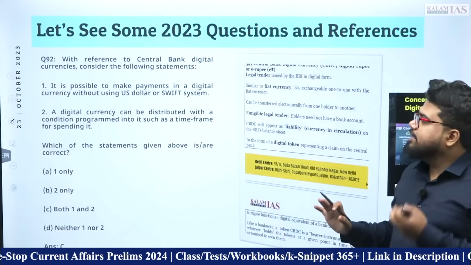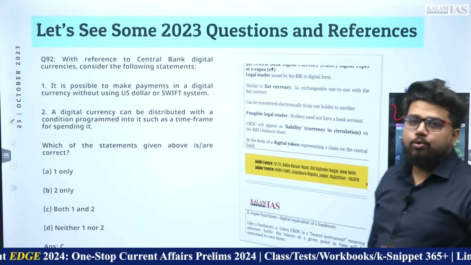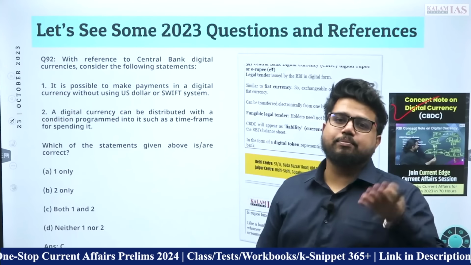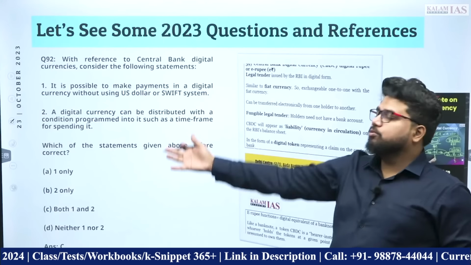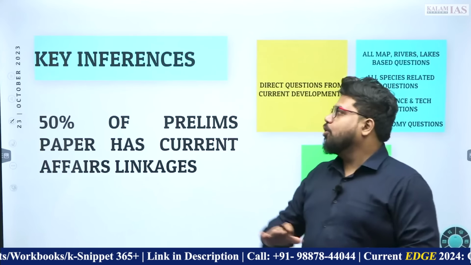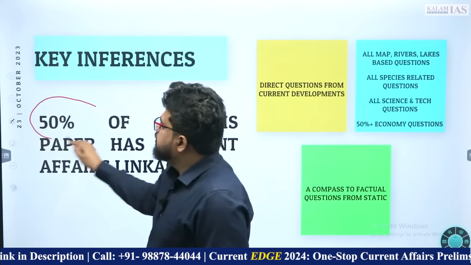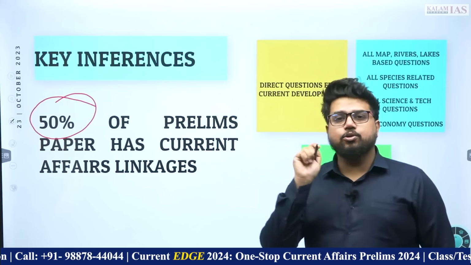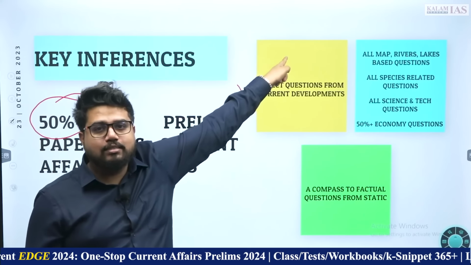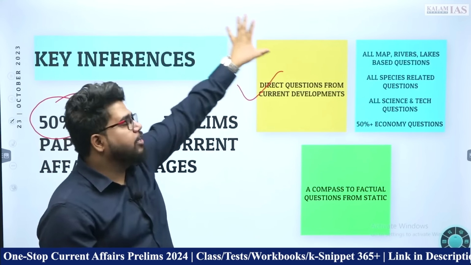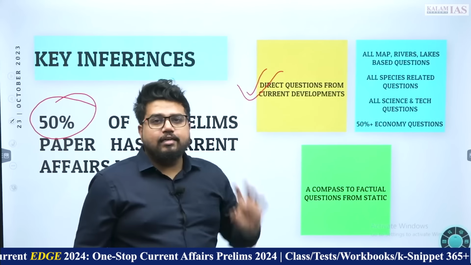So the whole idea I'm telling you is, again, in economy, the CBDC questions. We did a detailed summary of the concept note on CBDC provided by RBI. If you attended the class, it was quite a direct question. The whole crux of the discussion here is that around 50% of the questions are one way or another linked to current affairs. It may include direct questions from current developments, and never limit the whole idea of learning current affairs, reading newspapers, to direct questions from current developments.